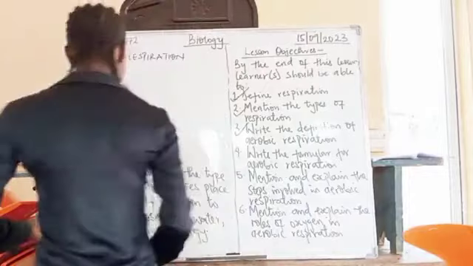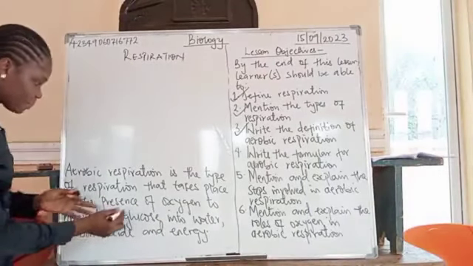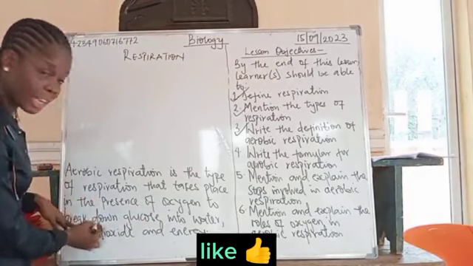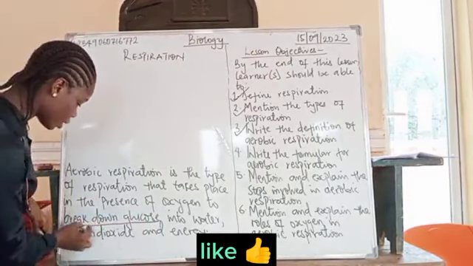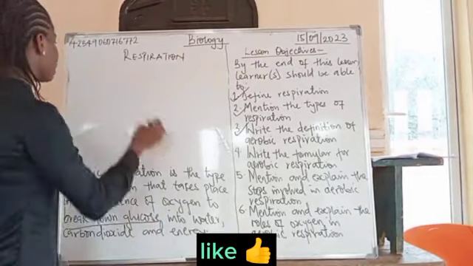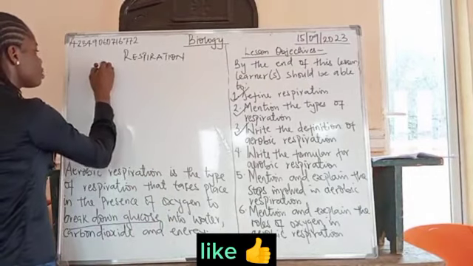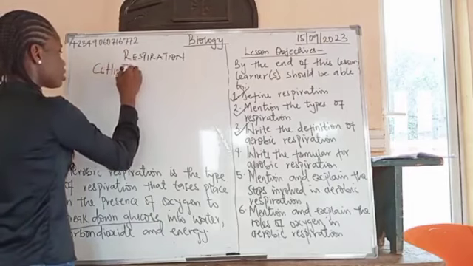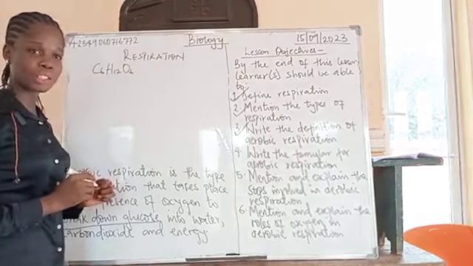And what did we say in the definition? We say that glucose is broken down, the breakdown of glucose. So what is the chemical formula for glucose? We have 6 molecules of carbon, 12 molecules of hydrogen, 6 molecules of oxygen.